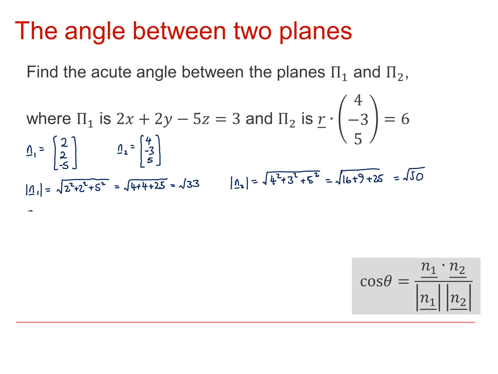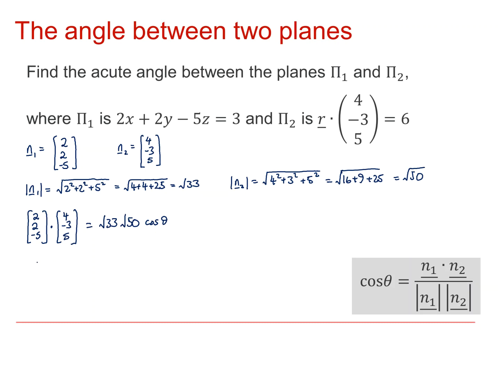So I write down my equation. (2, 2, -5) dot (4, -3, 5) is equal to root 33 root 50 cos theta.